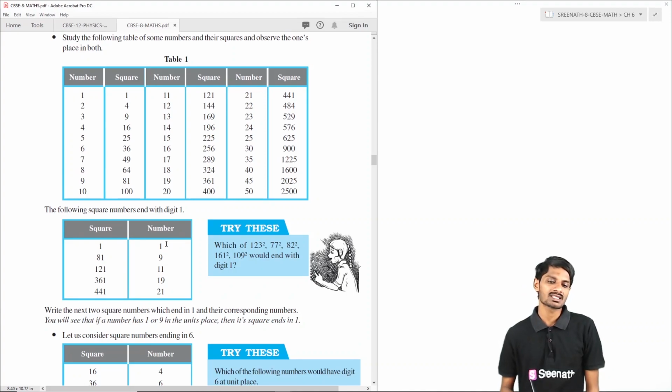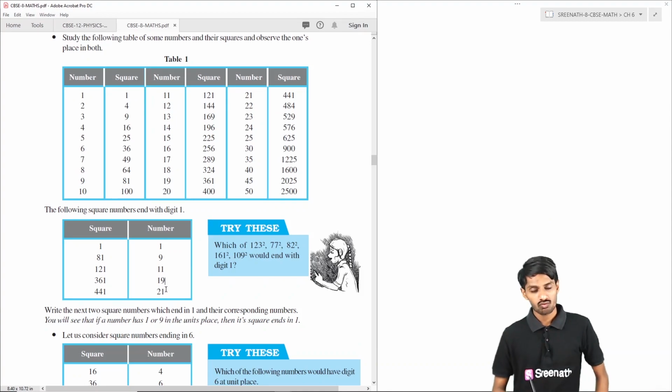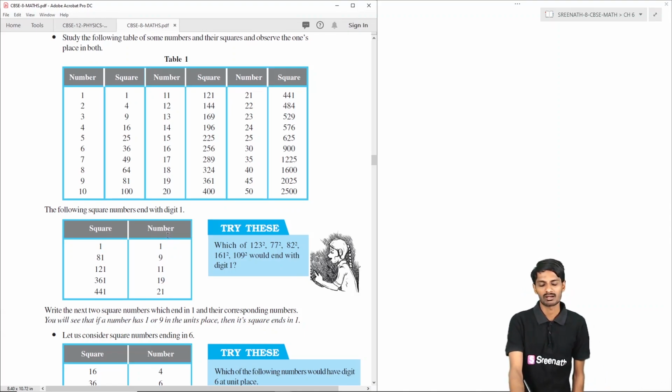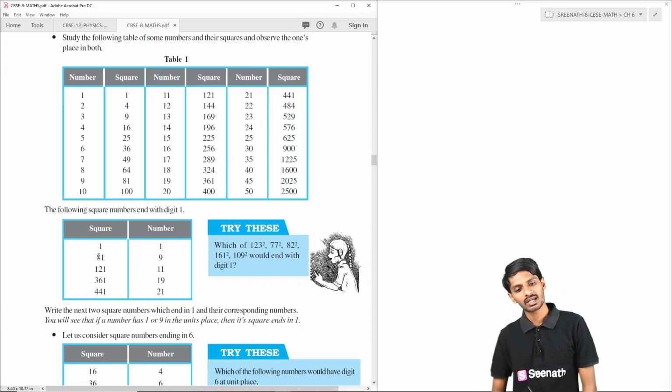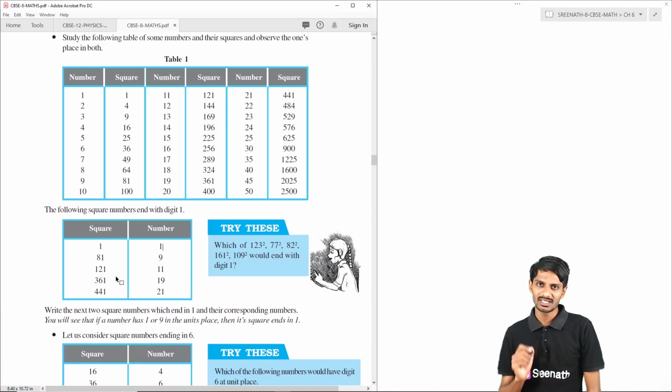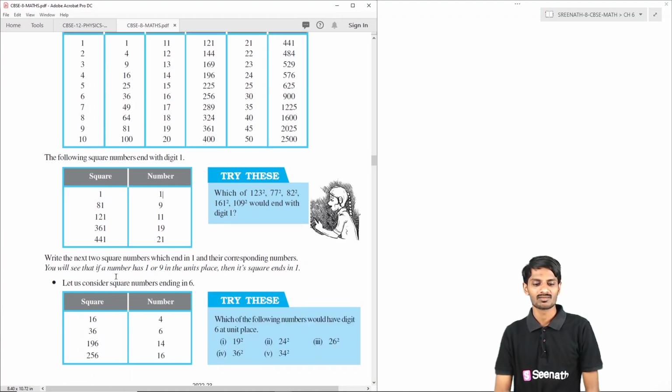So square of 1 is 1, 9 square is 81, 11 square is 121, 19 square is 361, 21 square is 441. So whenever there is 1 or 9 in the number, then there must be 1 in the square number. If a number ends with 1 or 9, then its square number ends with 1. This is one of the interesting properties.